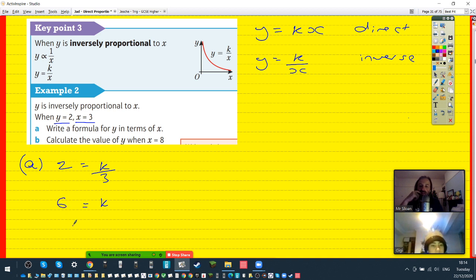Yeah. And so what's the formula? 2 equals 6 over 3. Or in general, y equals 6 over x. K is the constant. And b, use the formula we just made.